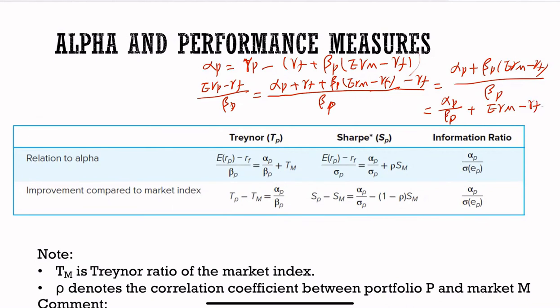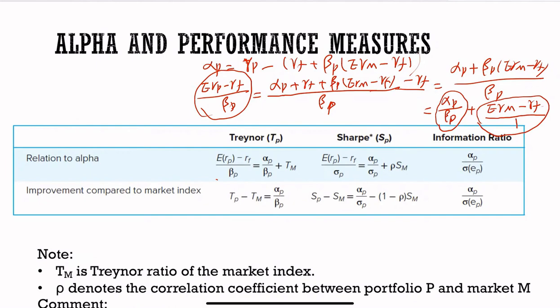Okay. So you can see how these different components are related. And this ERM minus RF can be written as ERM minus RF divided by 1. Right?